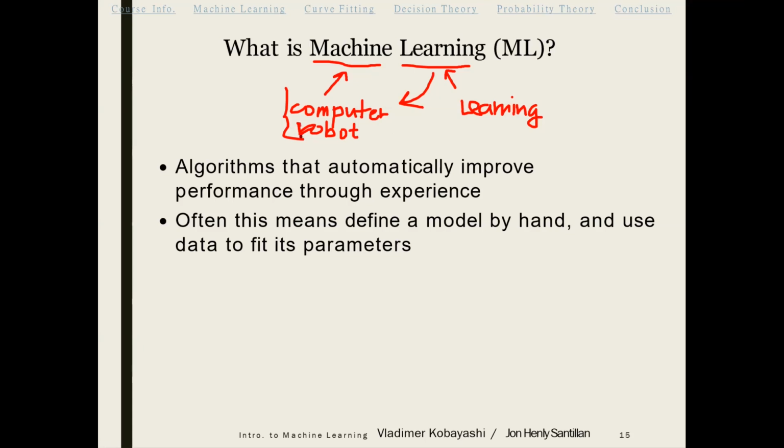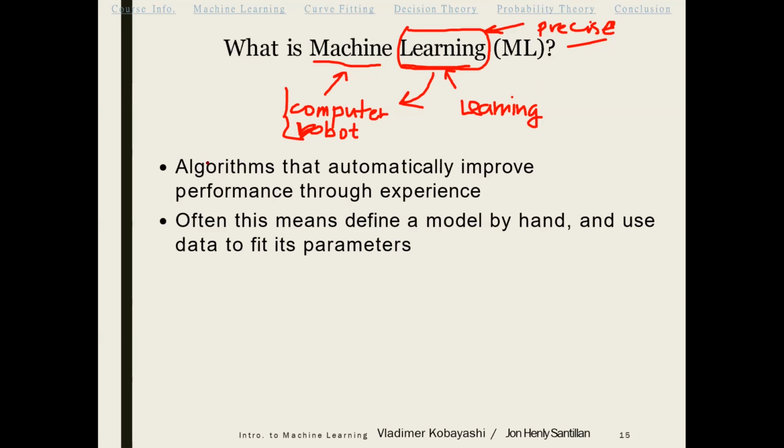Parang bigyan natin sila ng capability to learn. But what do we mean by learning itself? It should be very precise. Why? Because it's a mathematical concept. We should be very precise in our definition of what we mean that something is learned.